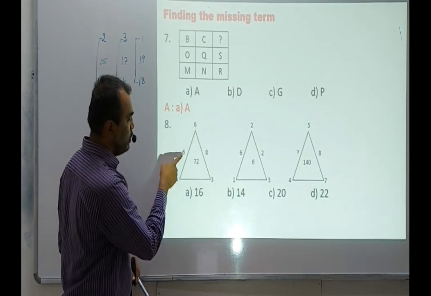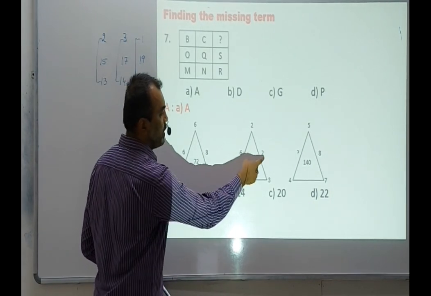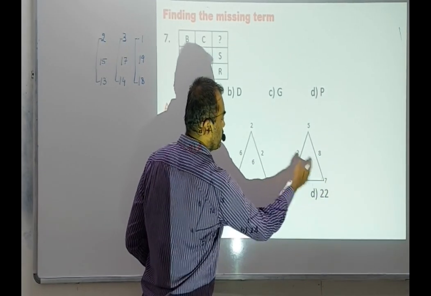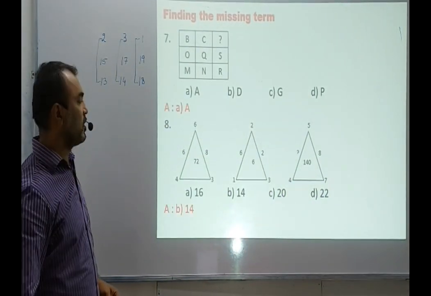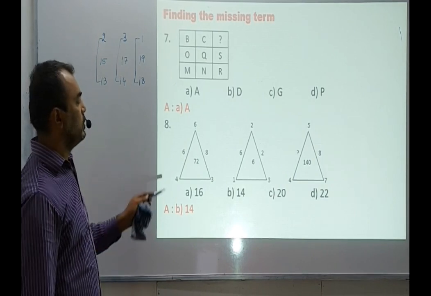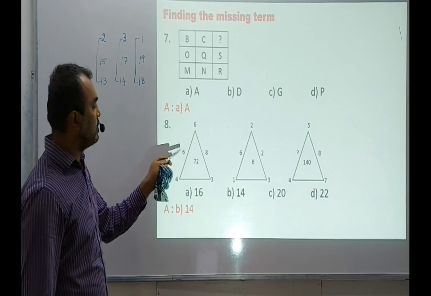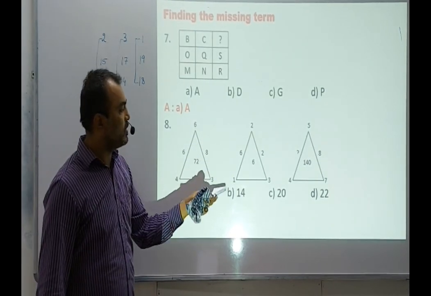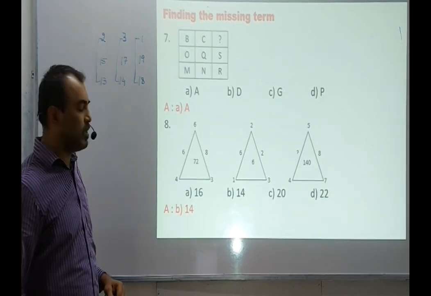So, 3 twos are 6, 4 twos are 8, 1 two is 2, 3 twos are 6, 4 twos are 8. So 7 twos are 14, the answer is B, 40. So the product gives you the middle number, but the number at the opposite end is just the table of 2.